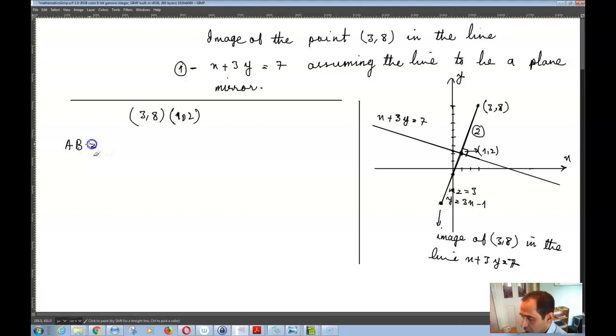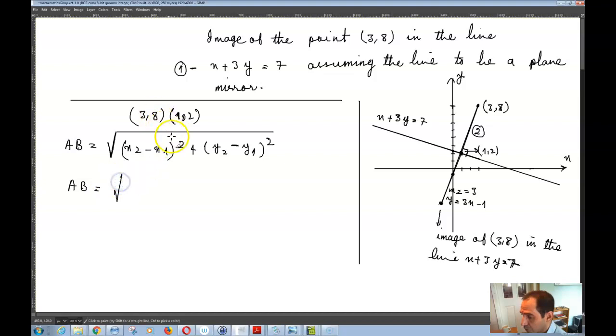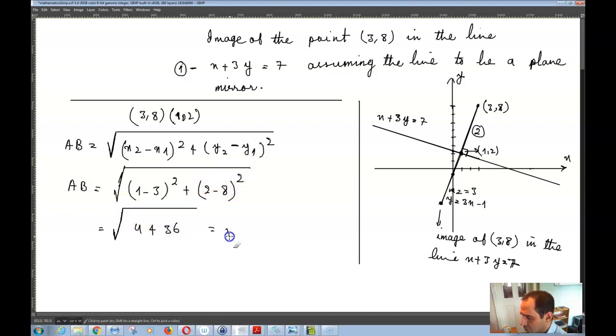You know that AB is equal to the square root of (x2 minus x1) whole squared plus (y2 minus y1) whole squared, and so AB is equal to the square root of (1 minus 3) whole squared plus (2 minus 8) whole squared, which is equal to the square root of, negative 2 whole squared is 4, negative 6 whole squared is 36, that is the square root of 40, which is 4 times 10, and 4 is 2 squared, so that's 2 square root of 10.